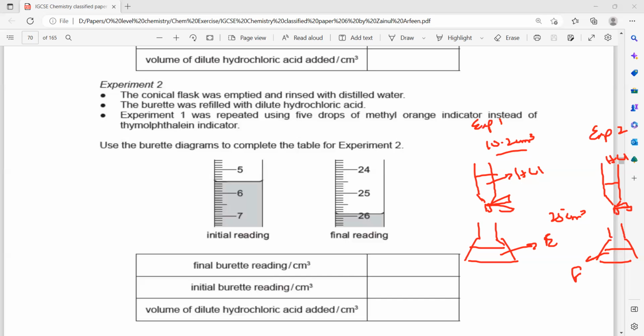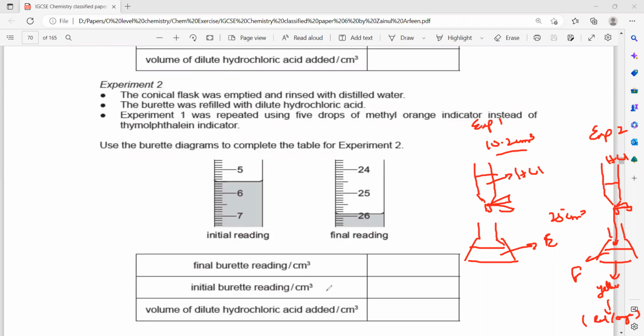What will be the initial color, because it is an alkaline solution? It will be yellow initially. And when you add an acid, what will it turn? You can mention orange or red as the acid is added.